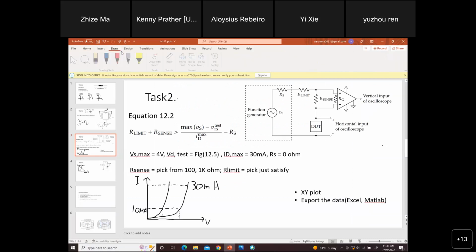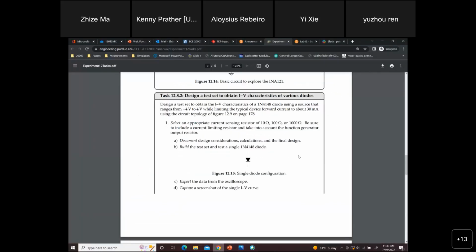Let me use a pencil. So this thing is already given. Then the ID maximum: if you check the manual again, ID maximum is also given. That's 30 milliamp. And then how to find the VD test.